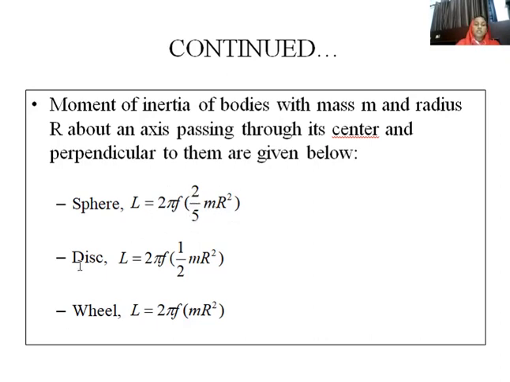If it is in the form of a disk, its moment of inertia changes to 1 by 2 mr square. If it is in the form of a wheel, it is given by mr square. So the angular momentum of a body depends on its mass, shape, and the distribution of mass about the axis of rotation.